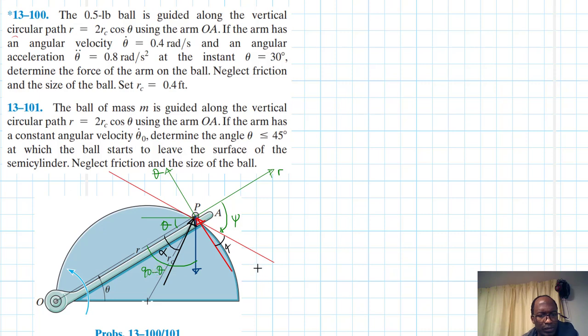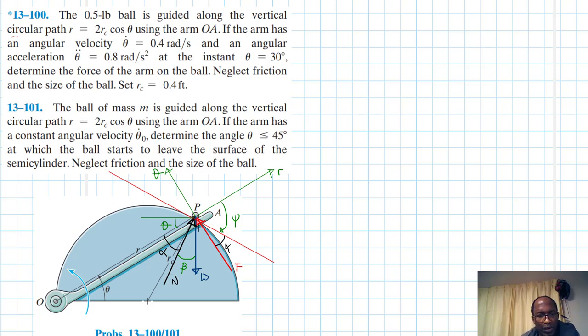For now we are going to call this here our beta, and beta is equal to 90 minus theta. So this is our weight, this is F, and this is the normal force.